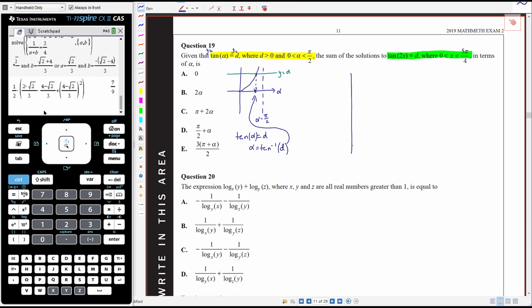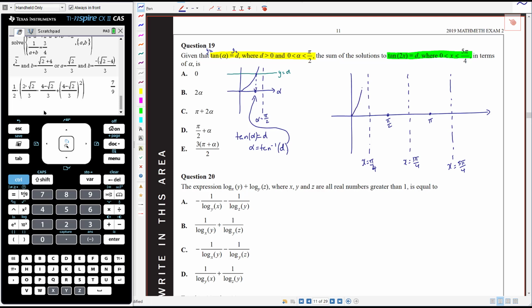So that means we're going to have an asymptote at x equals pi on 4, and then that will be pi on 2 there. And then we're going to have another asymptote at 3 pi on 4, and then that will be pi, and then another asymptote at 5 pi on 4, and that's the end of the domain we're interested in.